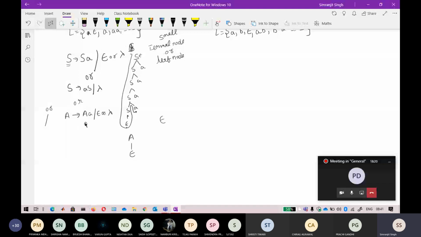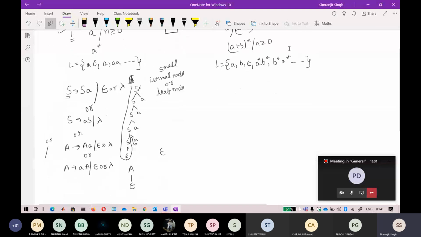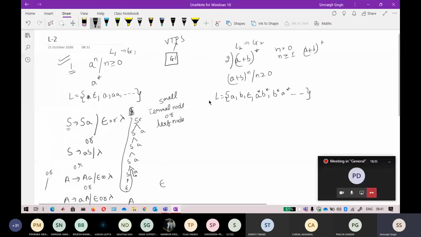Okay, so again, by taking a variable you can write it like this: A goes to a A or epsilon, or lambda. Keep that in mind. Now in a similar way, for a plus b raised to power star, or a plus b raised to power n, you can also write a similar grammar, because it can be denoted like a raised to power n plus b raised to power n. So some structure that is already defined here will also be used here.